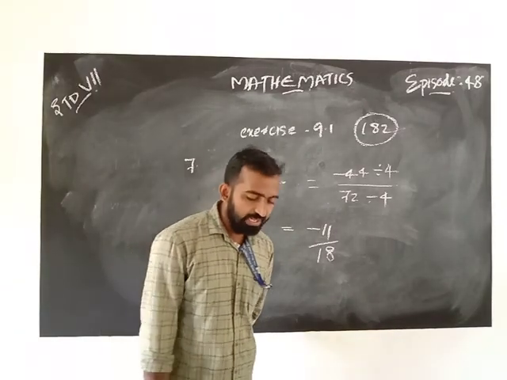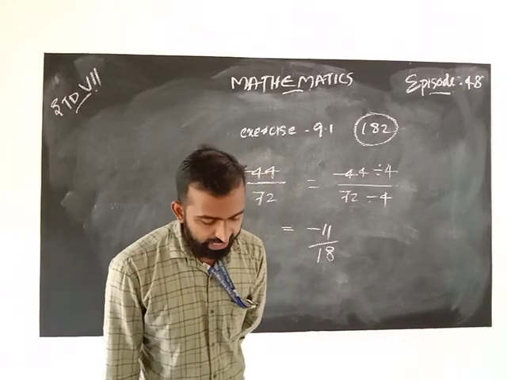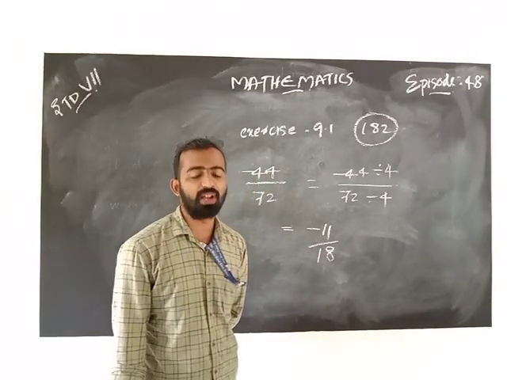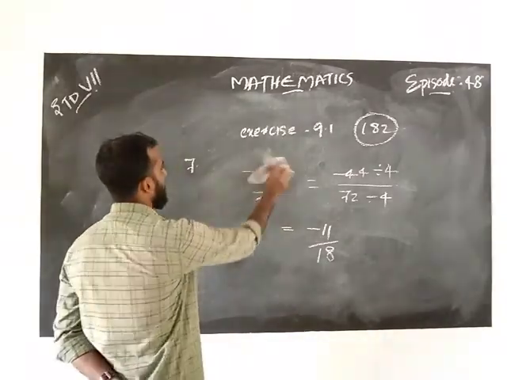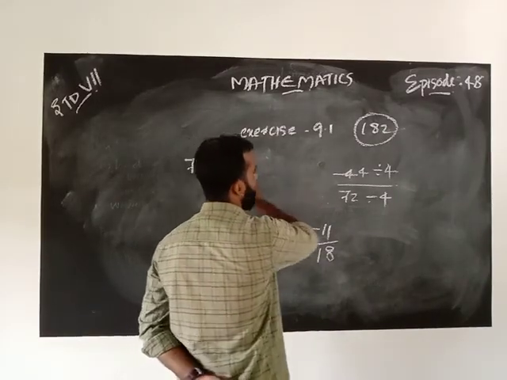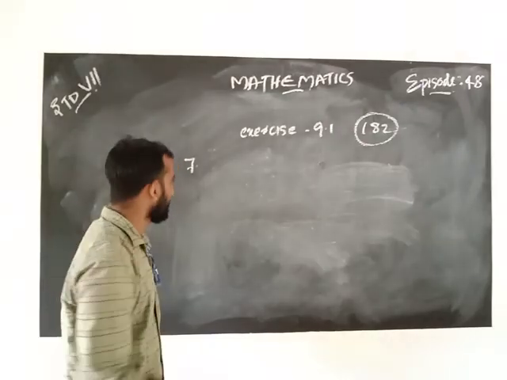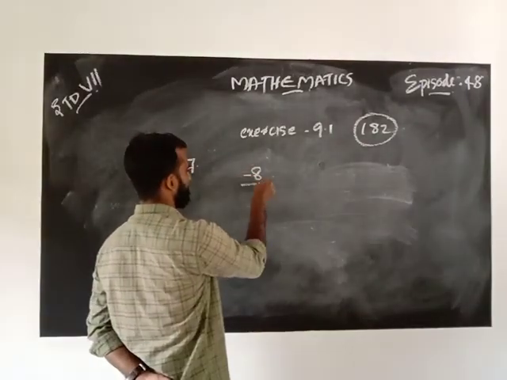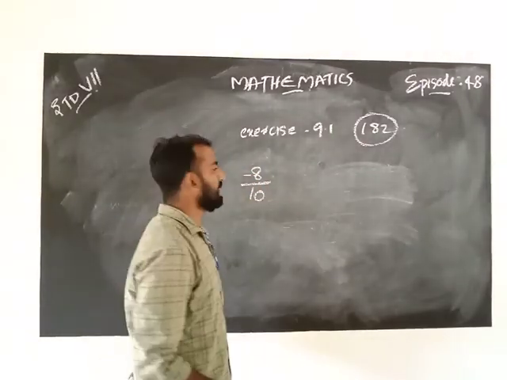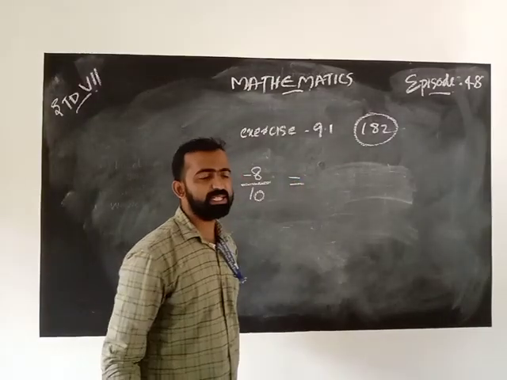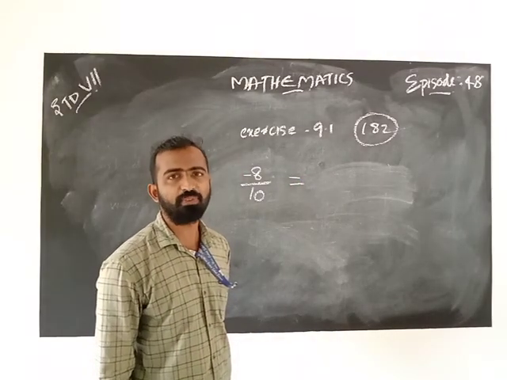Yes. And the next one, what is the next one? Negative 8 divided by 10. The last one is negative 8 divided by 10. What is the HCF, the highest common factor?